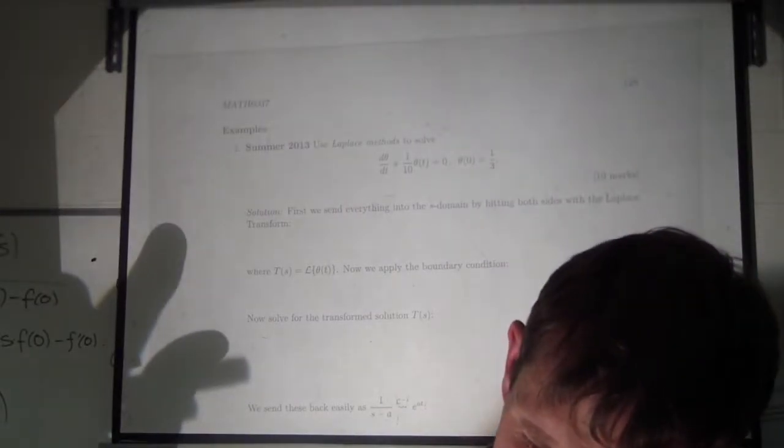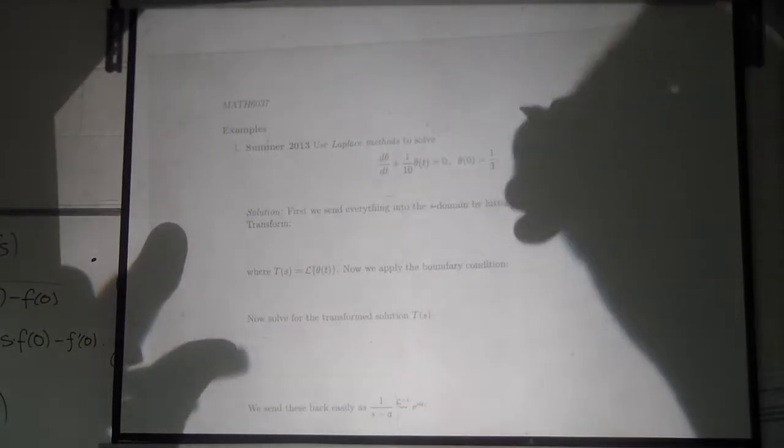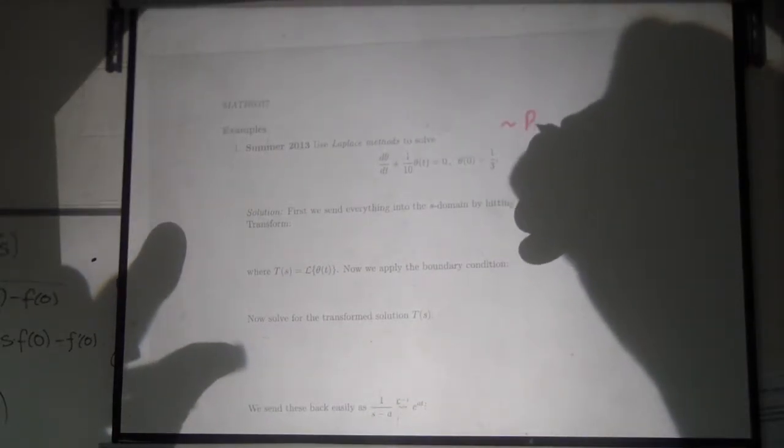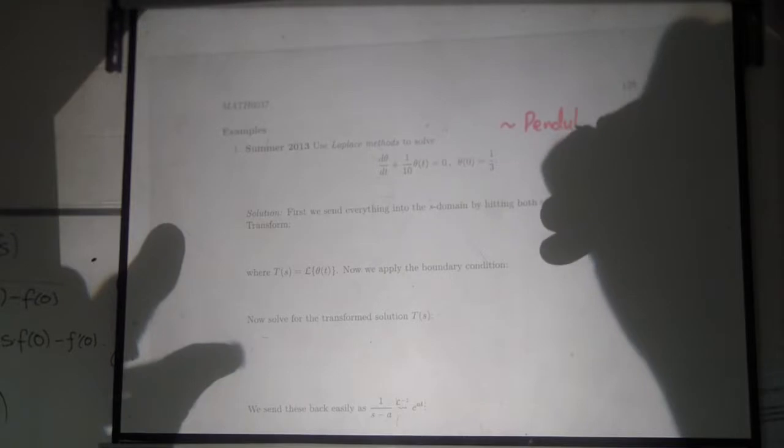Or is it? Kind of. It's the angle that a pendulum makes with the vertical. It's a little bit off. Theta 0 is a bit big. I won't get into that, but theta 0 should be a bit smaller.